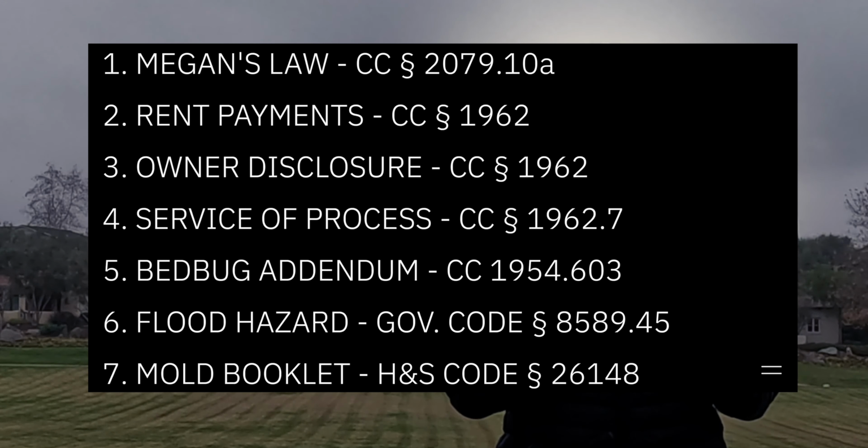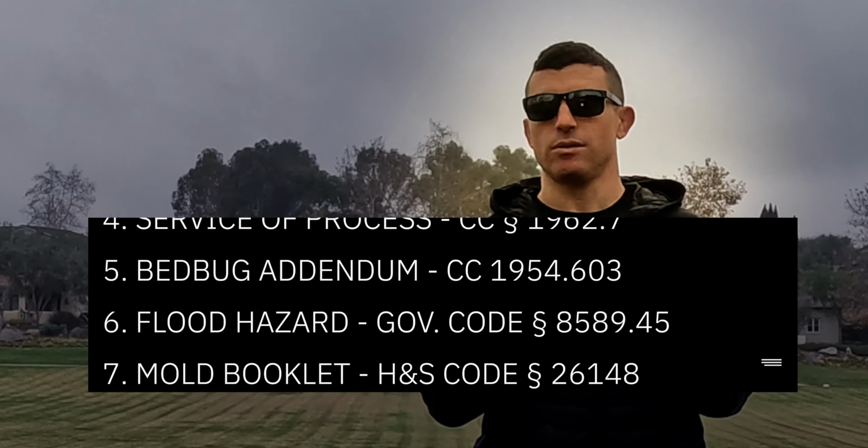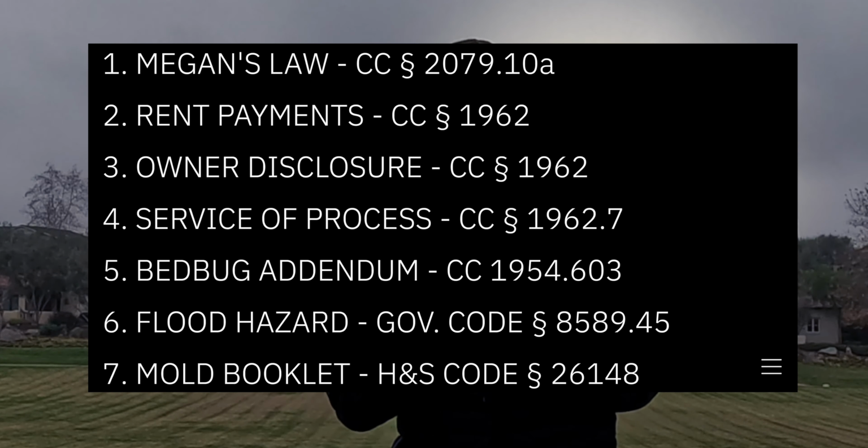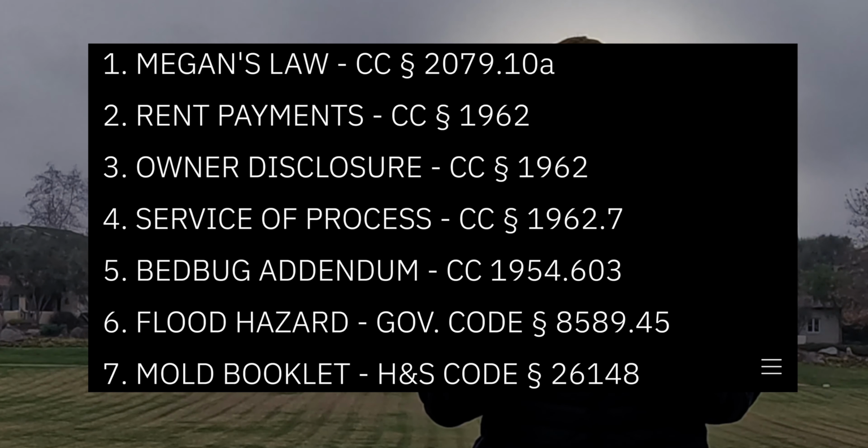And then the Civil Code section for the service of process, in other words, the person to whom court filings and other official filings need to be sent to. That would be under California Civil Code section 1962.7. And then the bedbug addendum is Civil Code section 1954.603.